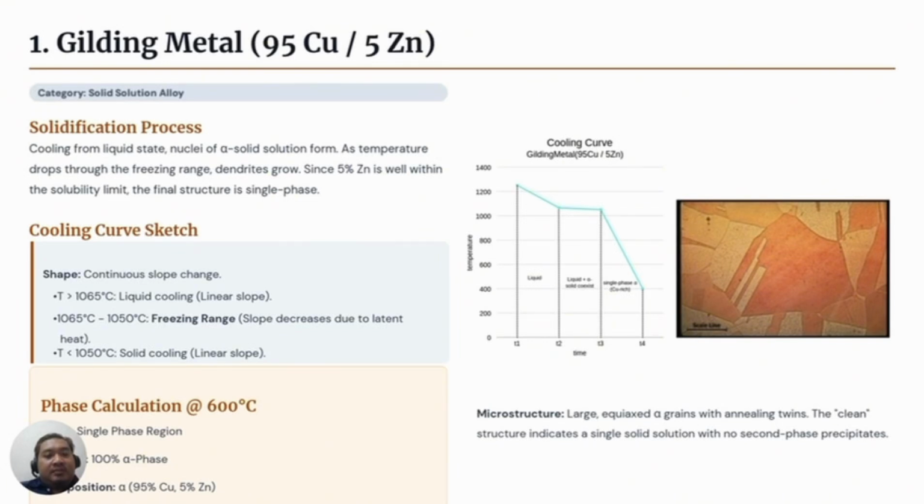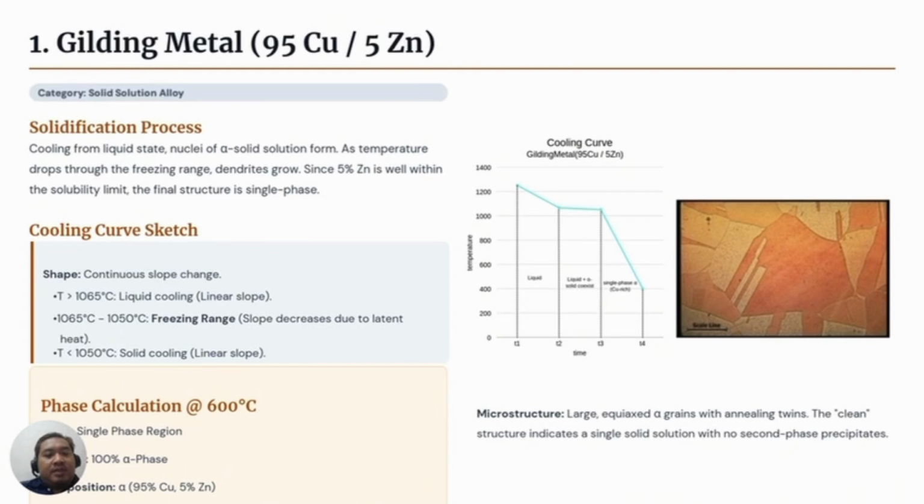This represents the freezing range where dendrites of the alpha solid solution are growing in the melt. By the time we reach 100 degrees Celsius, the metal is entirely solid and consists of 100% alpha phase.